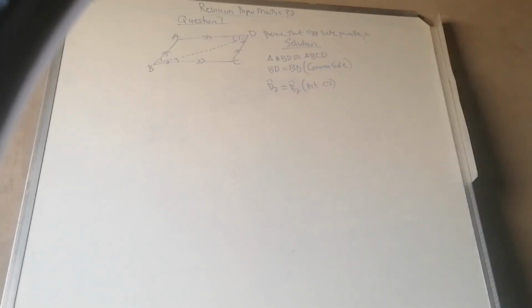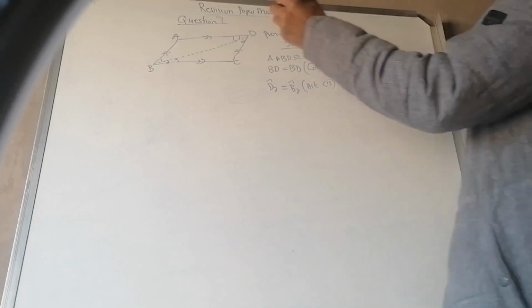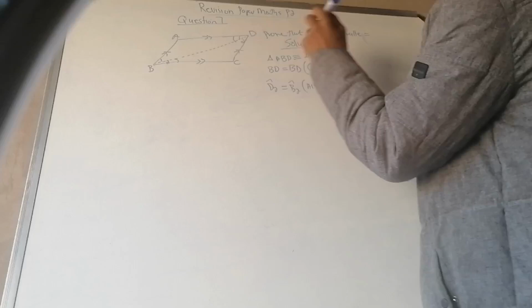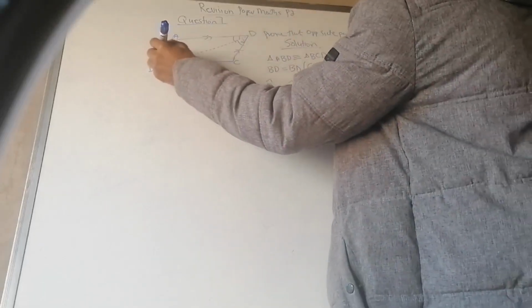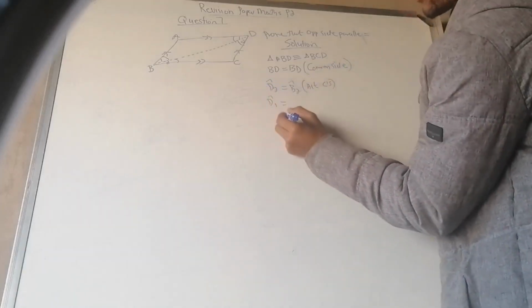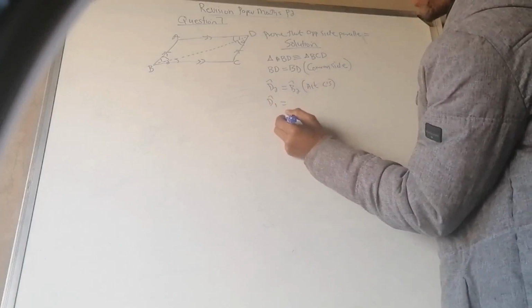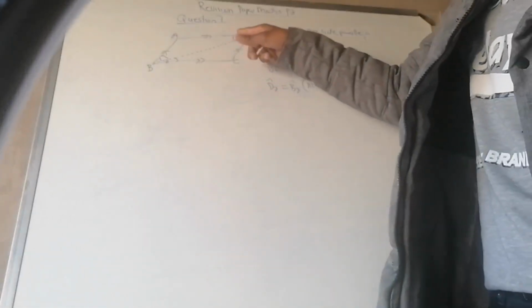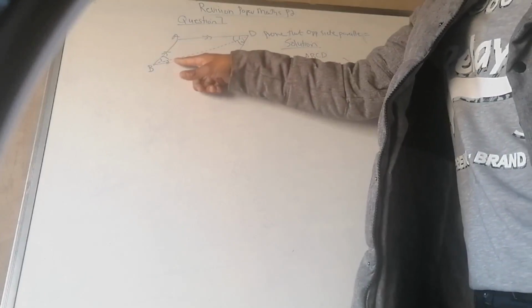But not only that, if this is a Z shape, this angle also must be equal to that angle. So I can say D1 must also be equal to this angle, equals that angle again.